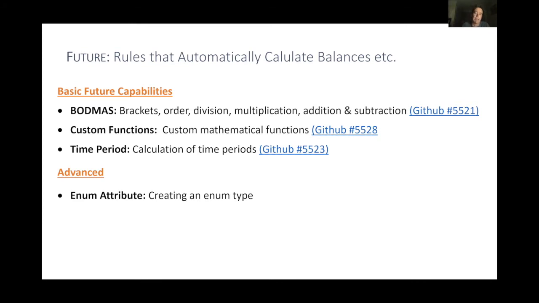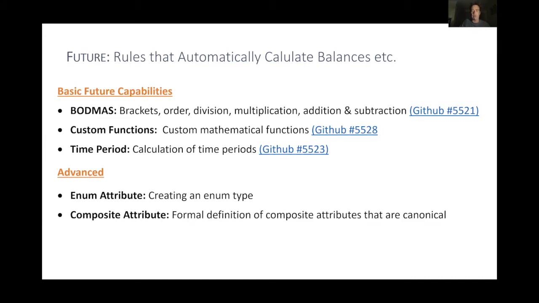Definitely, I'm flagging here, the Grakn guys can let you know the details of when that might happen, but there'll be enum types. And the reason why that's super important is what we want to do is create composite attributes.